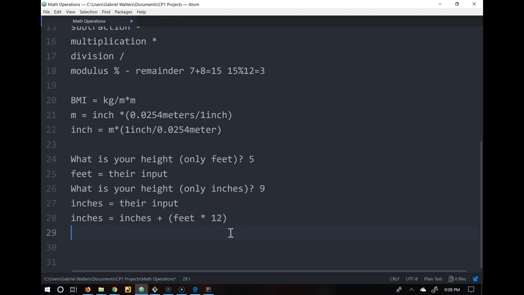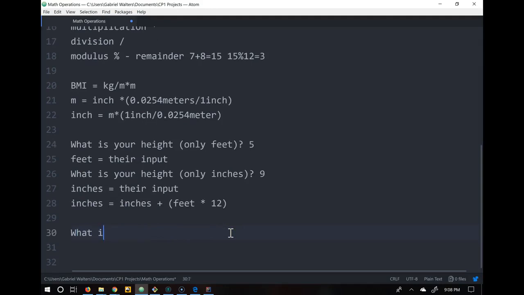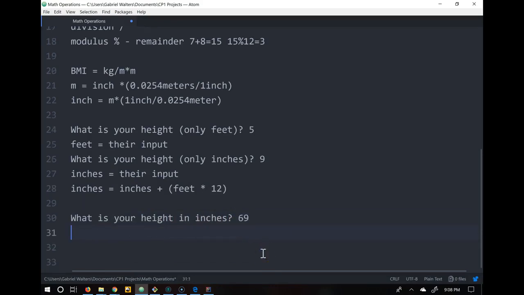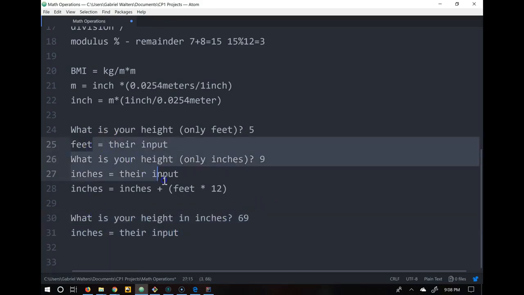The other way is that you could say, what is your height in inches? And you already have them do the conversion. So they say that they are 69 inches. Well, then you can just assign that as their input. Okay, so this does the same thing, but we did the conversion. We made it a little bit easier on them. They didn't have to do the math themselves.